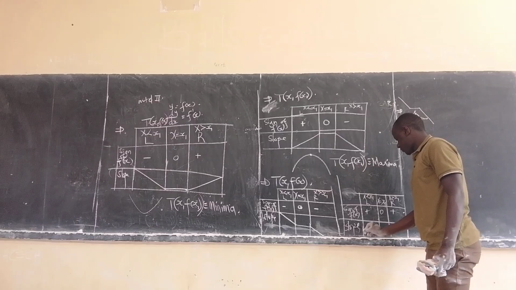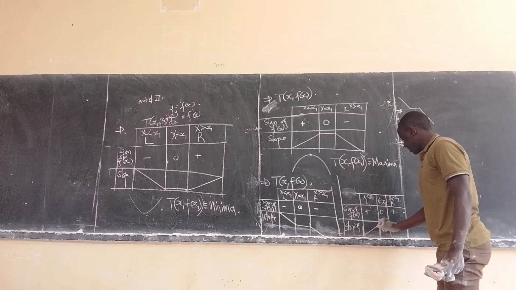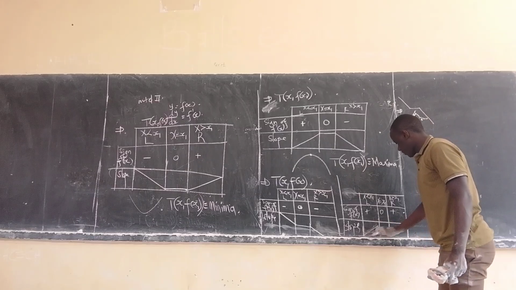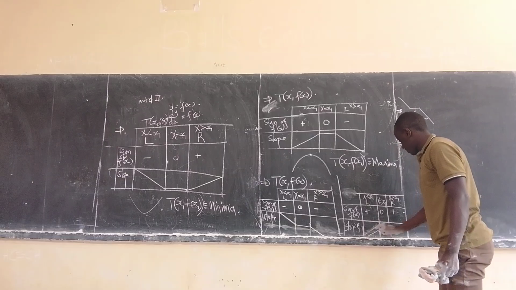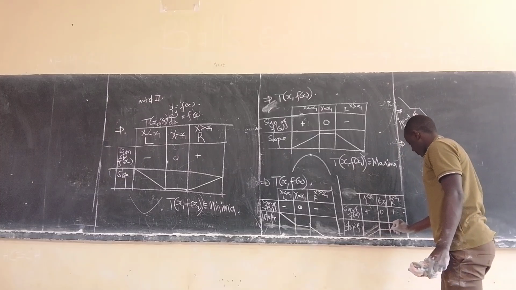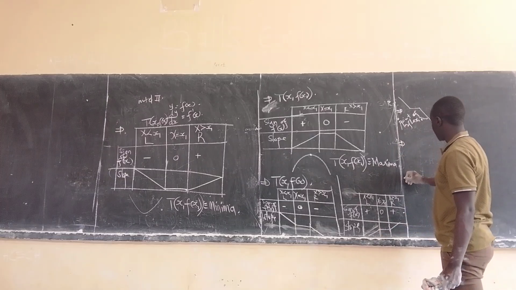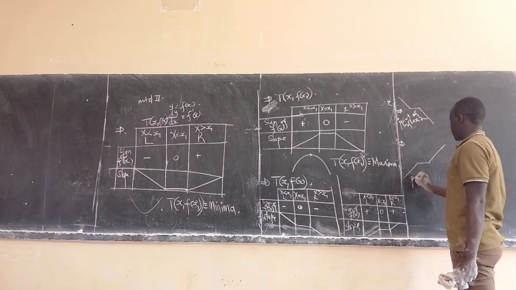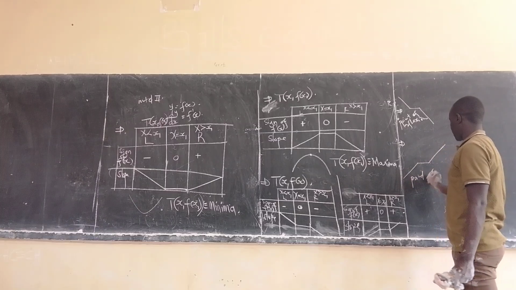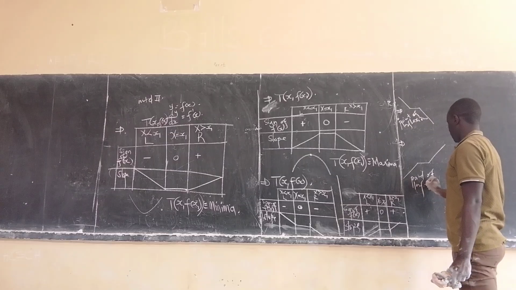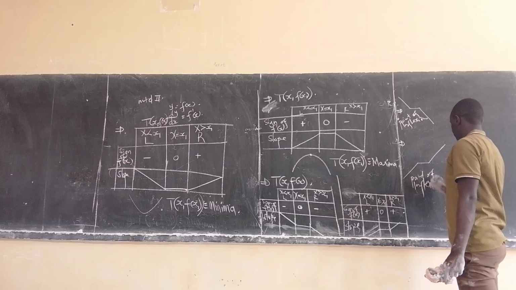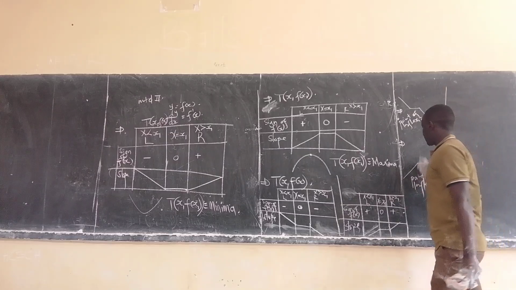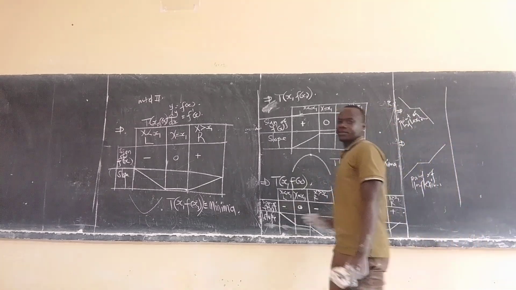So it can move like this, it might move like this, 0, and move like that. If it moves like this, it is still a point of inflection, though this is very rare in our applied work.